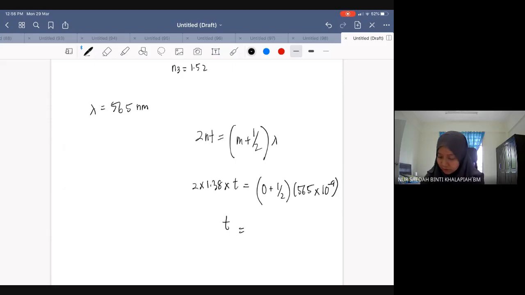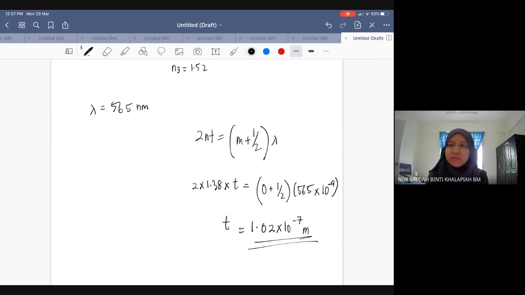Thickness kat sebelah sini. Kita tekan dulu bahagian kanan 0.5 darab 565 eksponen negatif 9 bahagi dengan 2 darab 1.38. So jawapannya 1.02 eksponen negatif 7 meter thickness lah.